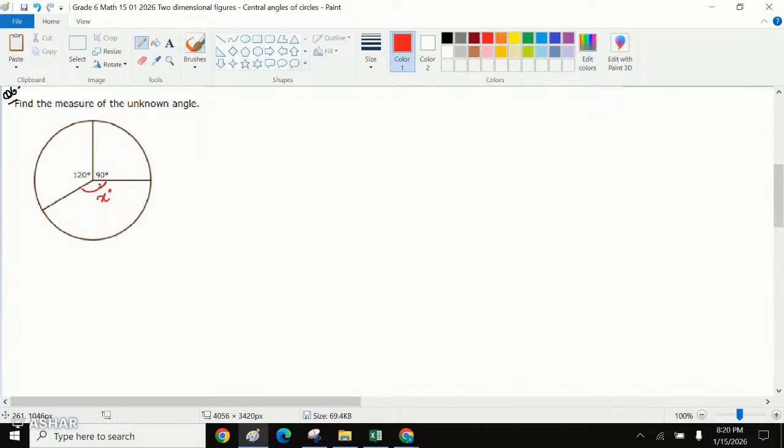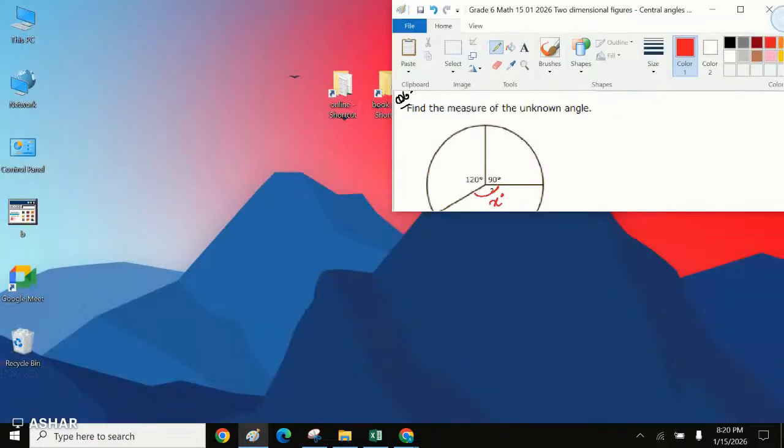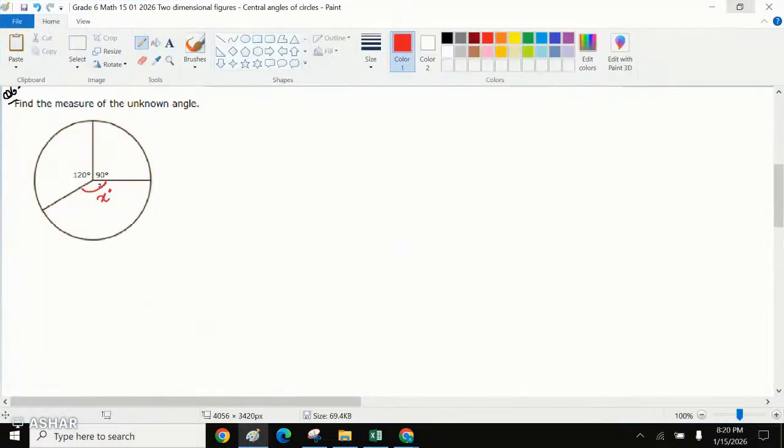Can we add all the angles together and say that the sum of a complete circle or a complete angle is how much? 360, right? So we can say 120 plus 190 plus the missing angle should be 360, right?